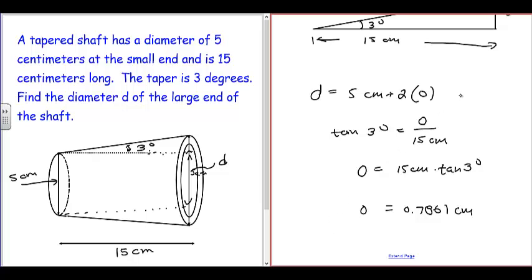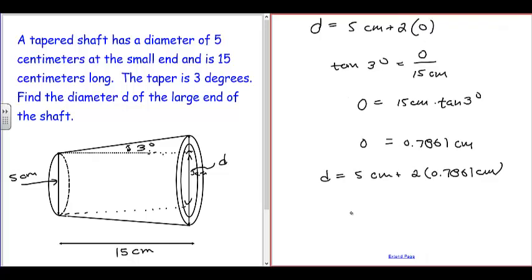And therefore, the final diameter on the large end of the shaft is going to be the diameter on the small end of the shaft plus 2 times this length that we calculated for our triangle. So 5 plus 2 times 0.7861.